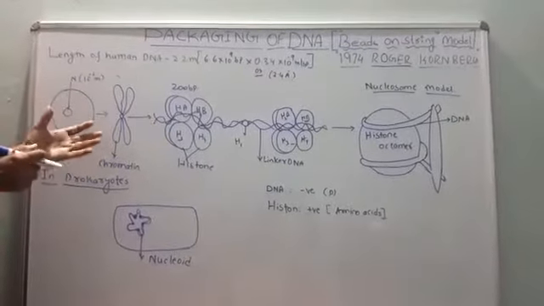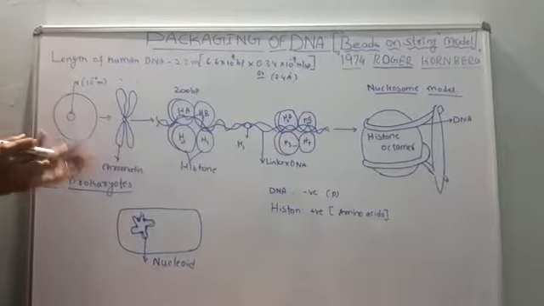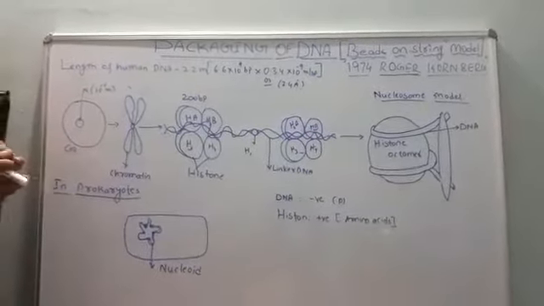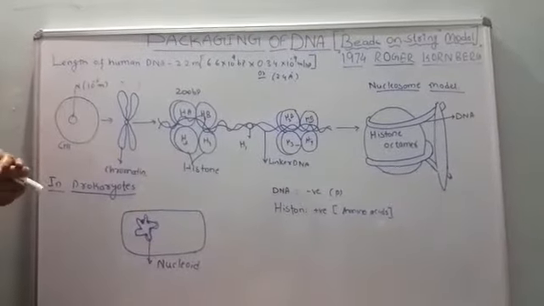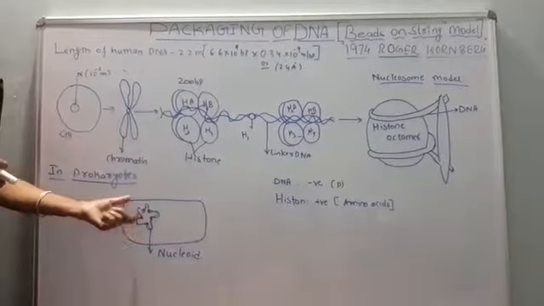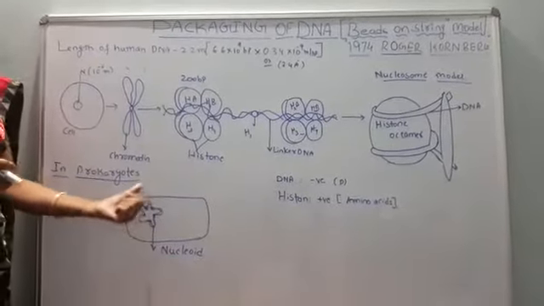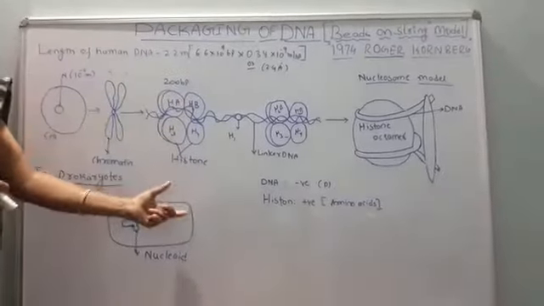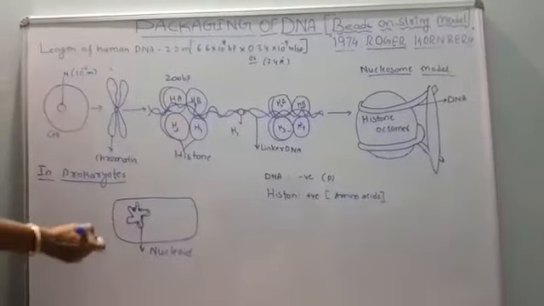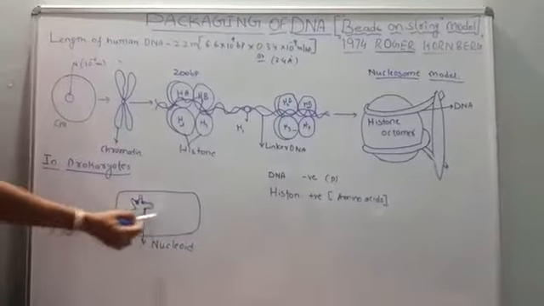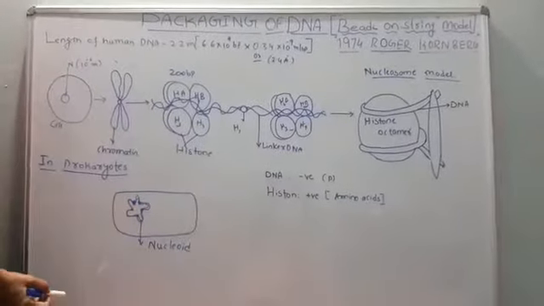First of all, we shall highlight our points in prokaryotes. How is the packaging of DNA done in prokaryotes? We know that the DNA in prokaryotes is not in a linear form, it is in a circular form. It means it is not scattered all over the cell.